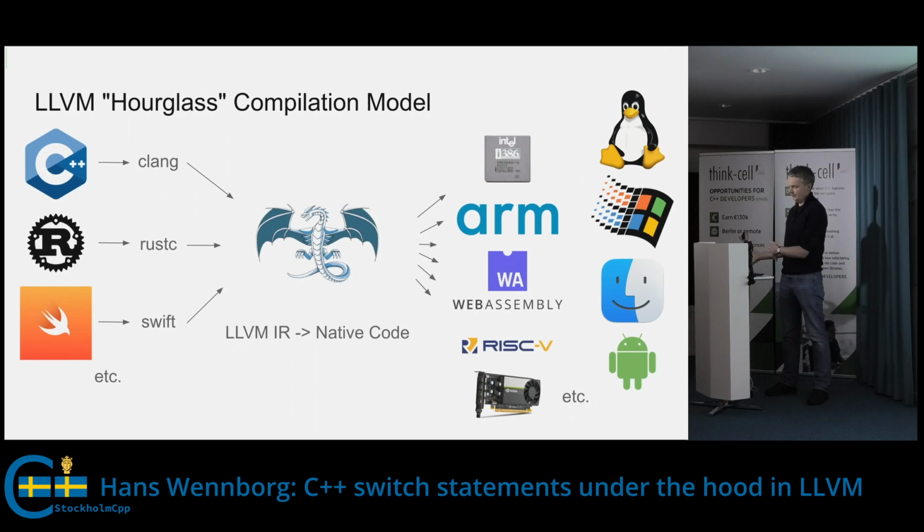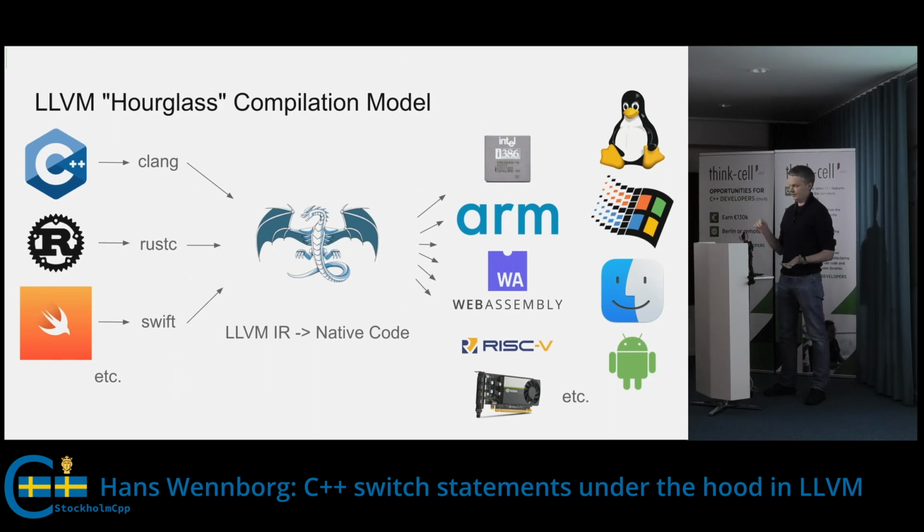And on the right are all the targets that LLVM can generate code for, like the typical CPU architectures, like Intel's x86 and ARM and PowerPC and RISC-V and whatever. And also more exotic things like GPUs and WebAssembly and so on. And also along with the different operating systems and their file formats, their application binary interfaces, and so on.